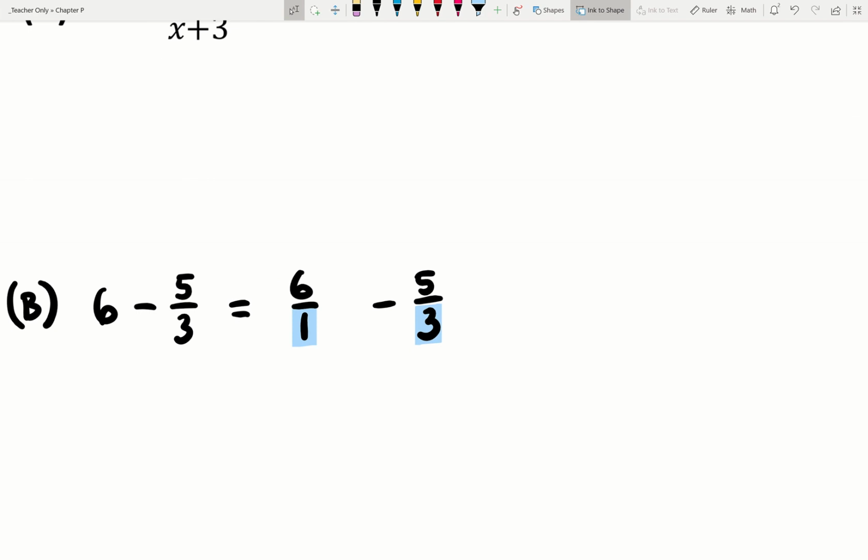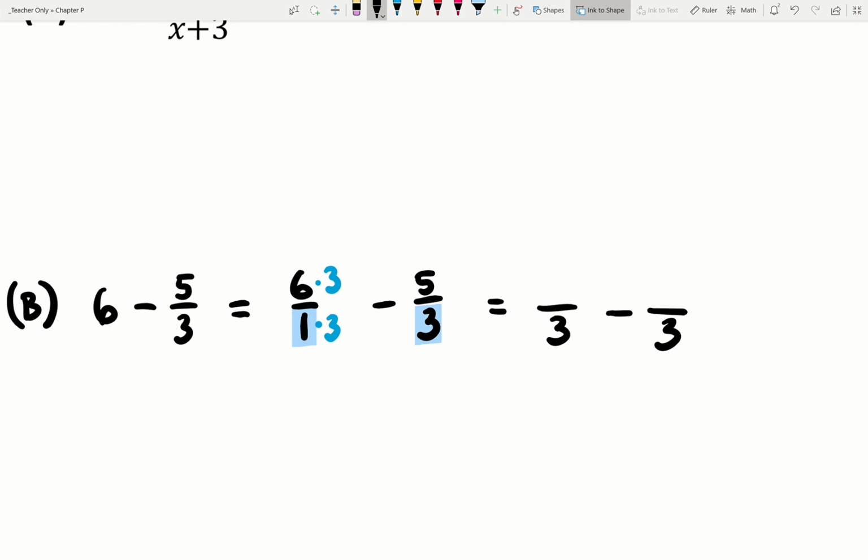And since I just have denominators of 1 and 3, I could do that really simply by taking the denominator of the first fraction and multiplying it by 3. Then I have 2 denominators of 3, and I have the green light to combine those numerators. But I can't just multiply the denominator by 3 without also multiplying the numerator by 3, okay? Because I want to keep things proportional in my fractions.